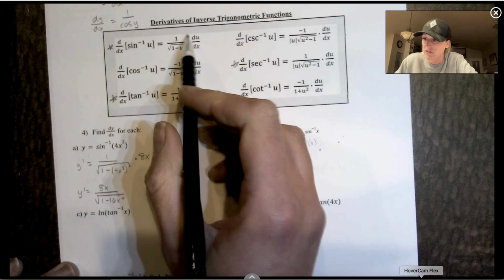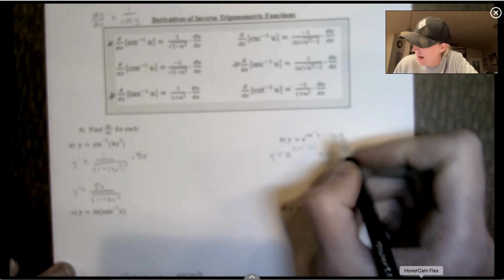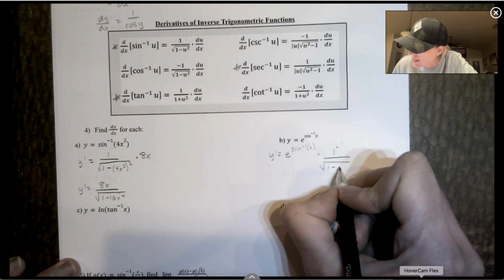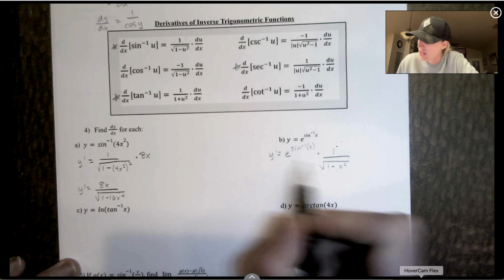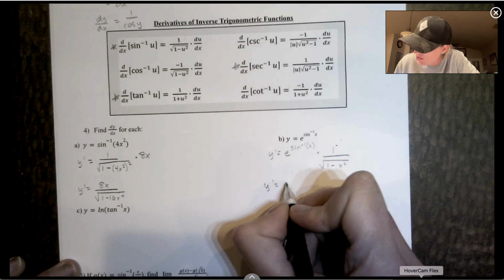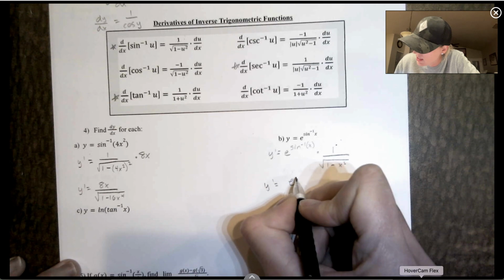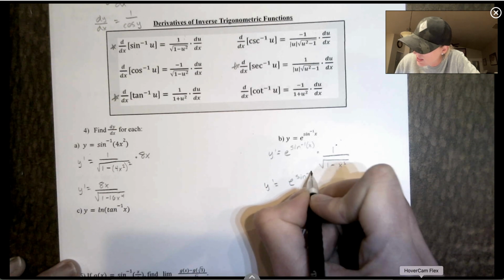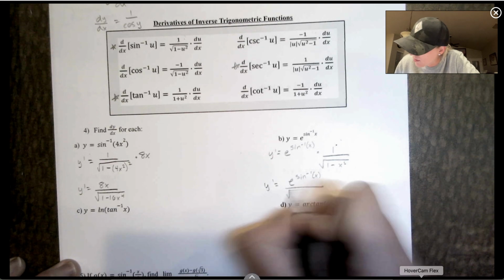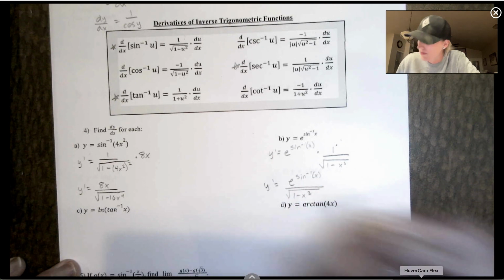And the derivative of sine inverse is, again, the one we just derived, so it's going to be 1 over the square root of 1 minus x squared. Then I can write it as one fraction, so we've got e to the sine inverse of x over the square root of 1 minus x squared. All right, C.